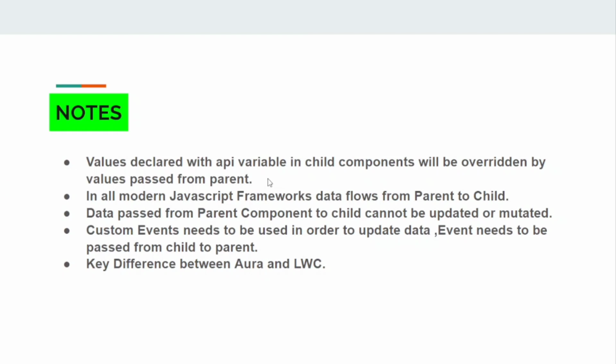Here in our case, fromParent is the variable that is set in the parent component, and in the child component we are receiving the value as the fromParent variable. Values declared with API variable in child components will be overridden by the values passed from the parent.